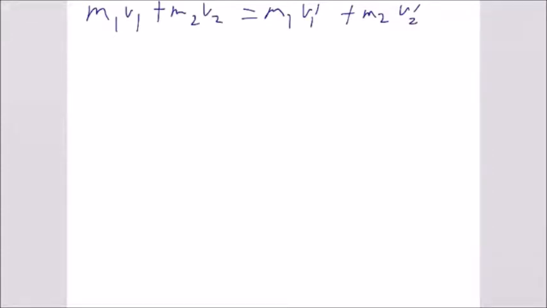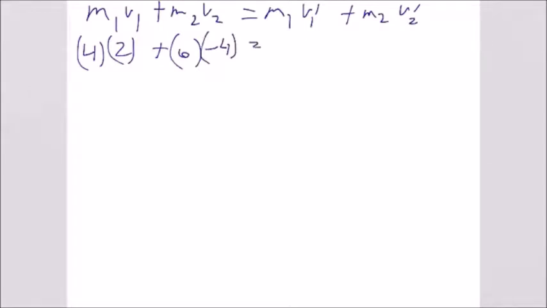And I'm going to work this without the units just to make it less confusing. Typically, I would tell you to put the units in, but with these problems, there are so many units, it gets a little bit confusing. The initial velocity of that first object was 2 meters per second, plus the second object has a mass of 6 kilograms, and it was moving at negative 4 meters per second.